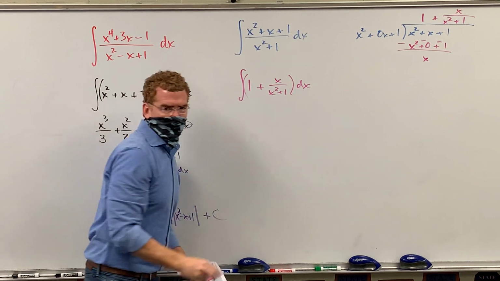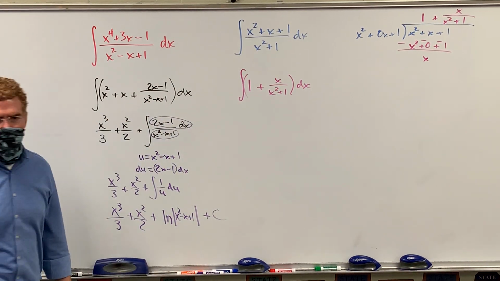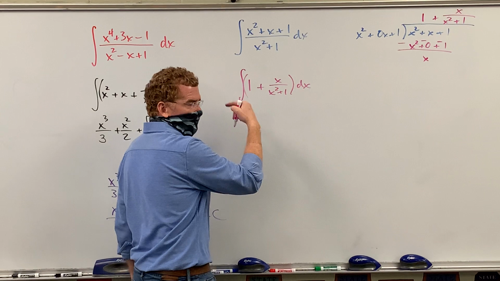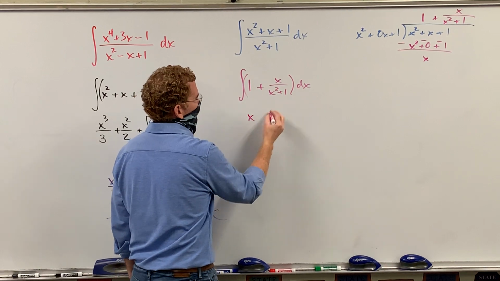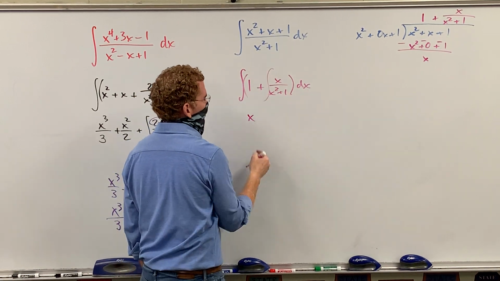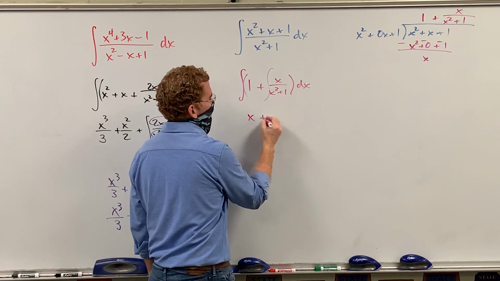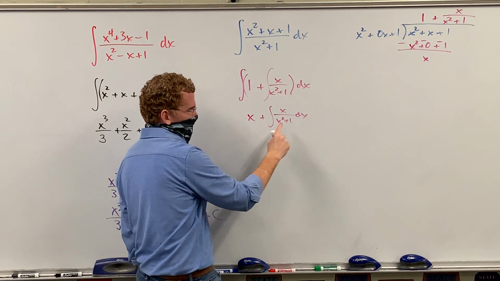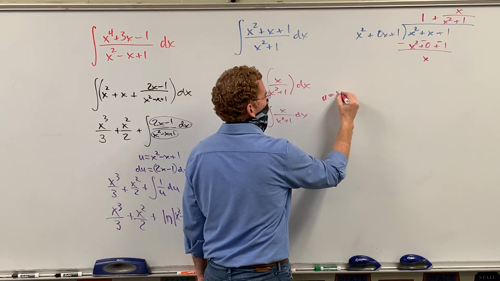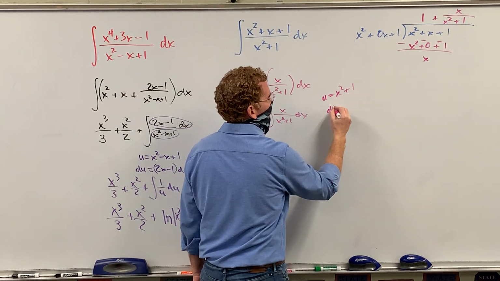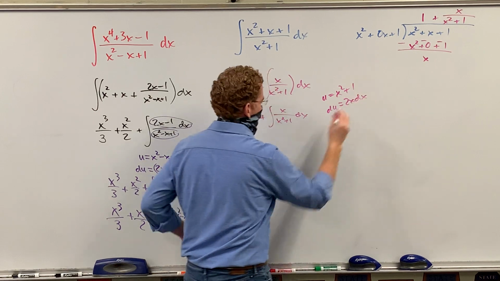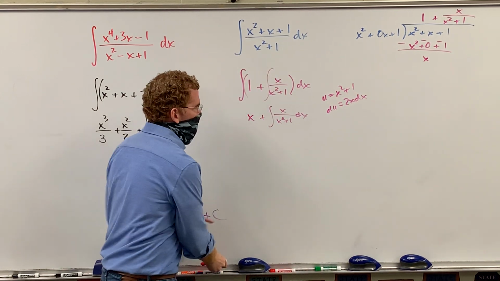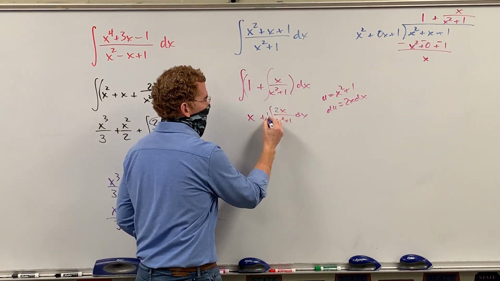Well, integrating the 1 is easy. What happens when you integrate a constant? You get a constant times x. And then what happens when you integrate this next part? What would you probably do? I would do a u substitution. So that part was easy. This part, u equals x squared plus 1, du equals 2x dx. I need to fix that with a 1/2.